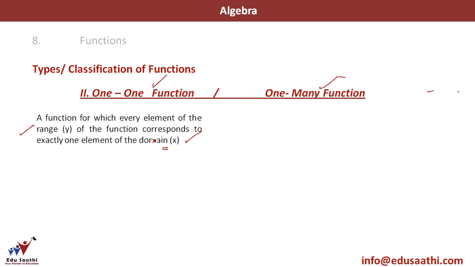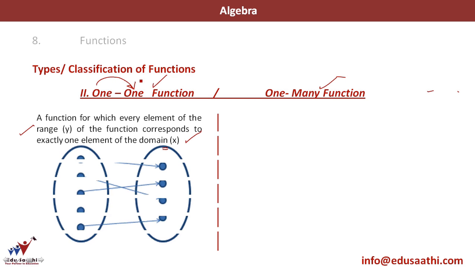For every unique value of x, which is the independent variable or an input, I have a single unique value of output as my answer. This is the values of x and this is the value of y. For every single x, I have a single y as my answer. Such a function is known as a 1-1 function.